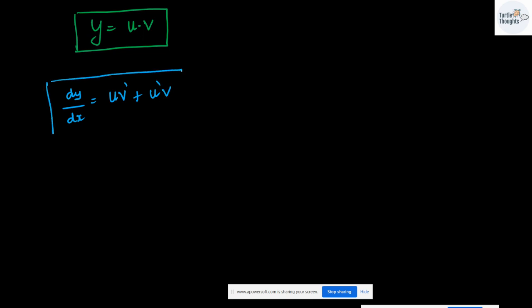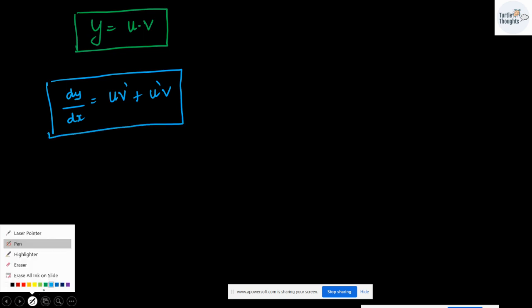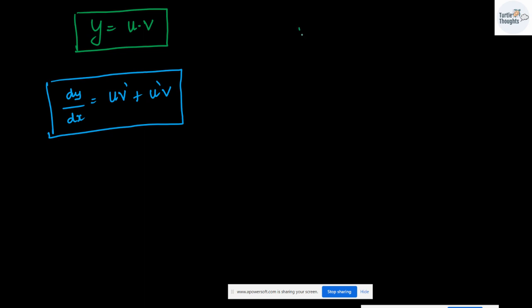This is the formula of the product rule. Let me take one example. Say if we have y is equal to x squared multiplied by sine x.